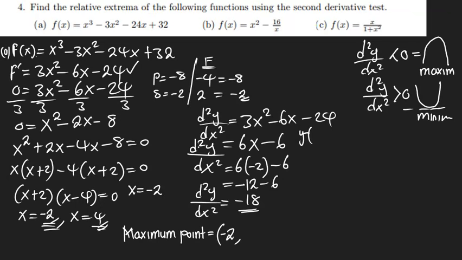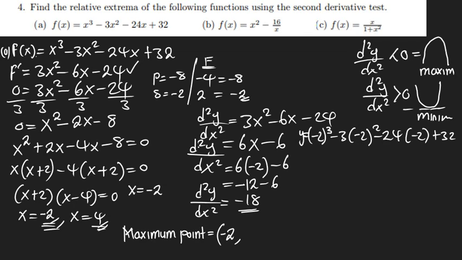You get y is equal to negative 2 to the power 3 minus 3 times negative 2 to the power 2 minus 24 times negative 2 plus 32.